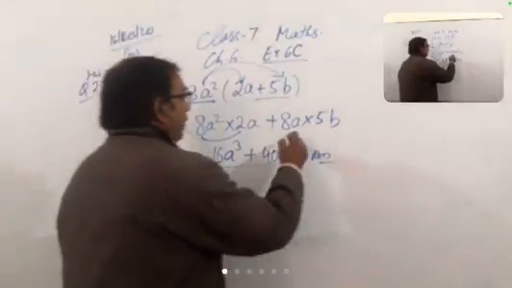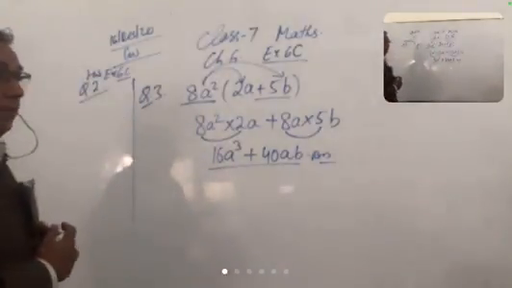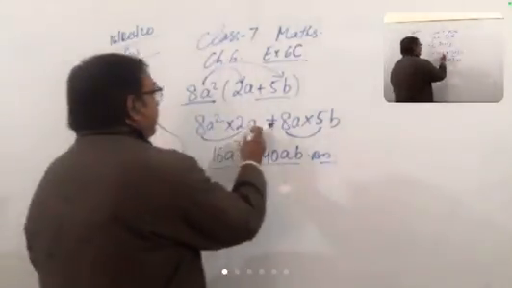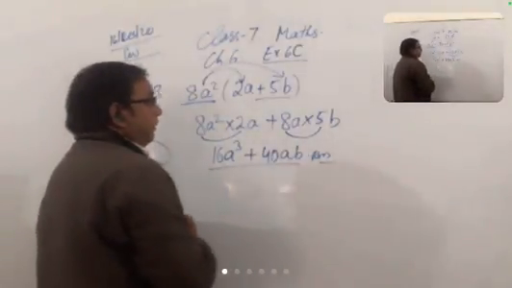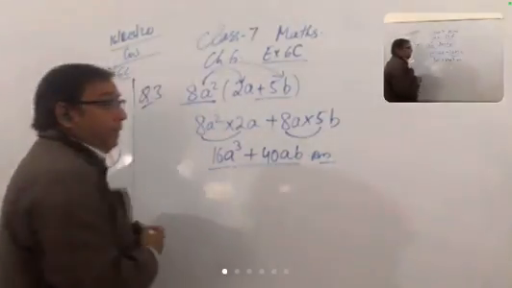In this, you have to multiply the constant with constant and variable with variable. If it is a like variable, then you can put the power. If there is an unlike variable, you can just write it like this, ab.